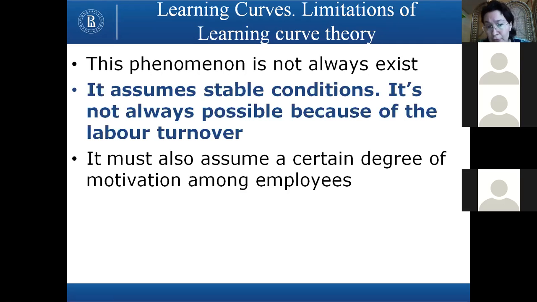And also, the third limitation is the following: it must also assume a certain degree of motivation among employees. And a little bit later, analyzing my example, we will understand what we mean.